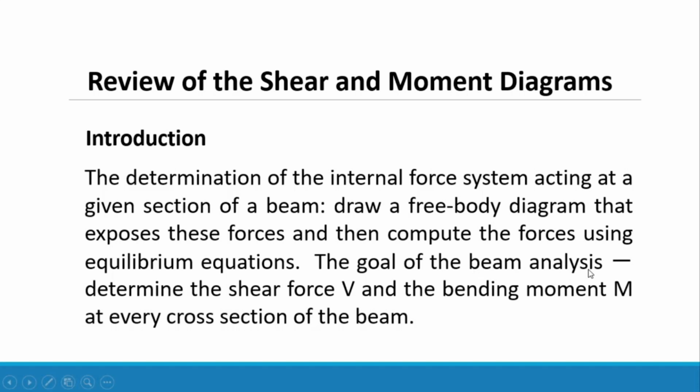The goal of the beam analysis: determine the shear force V and the bending moment M at every cross section of the beam. So we will be solving the shear force and bending moment at a certain point in the cross section of the beam, and we will determine also the maximum shear force and maximum bending moment.